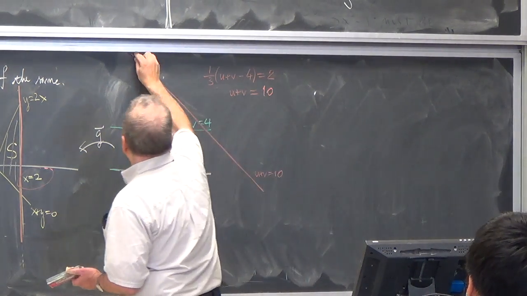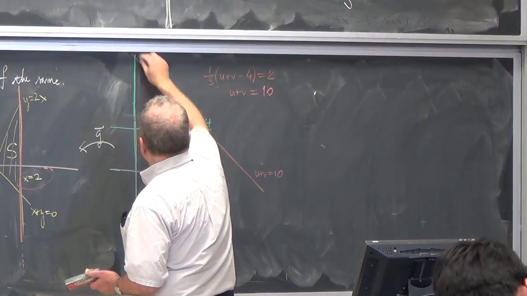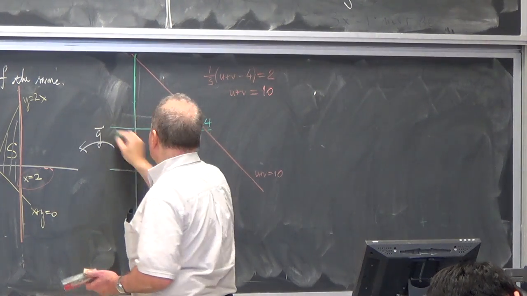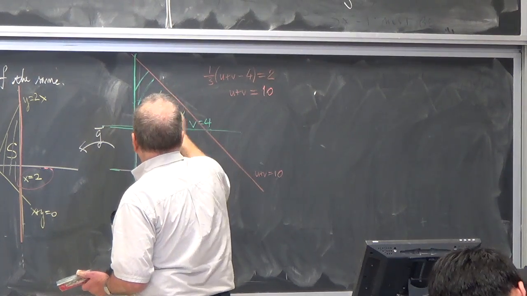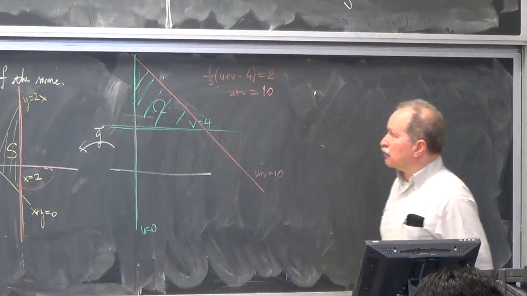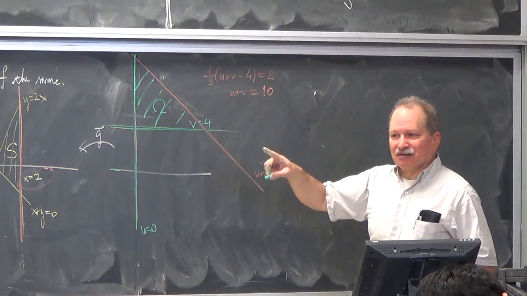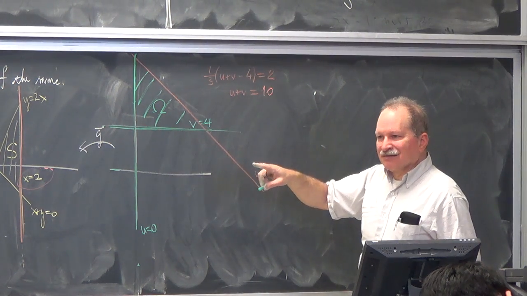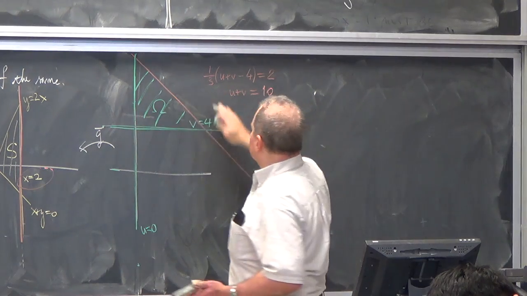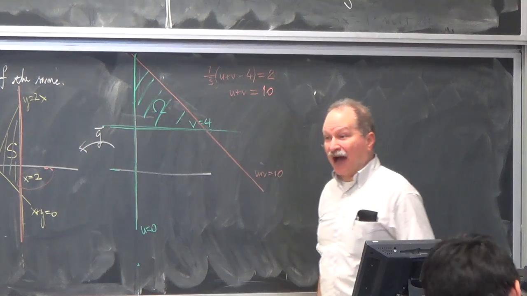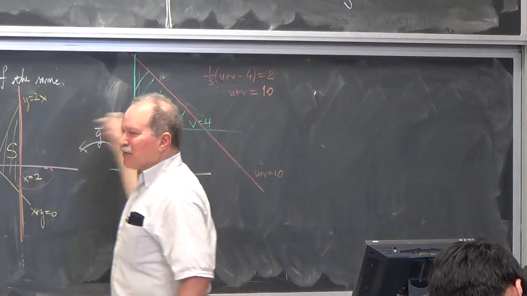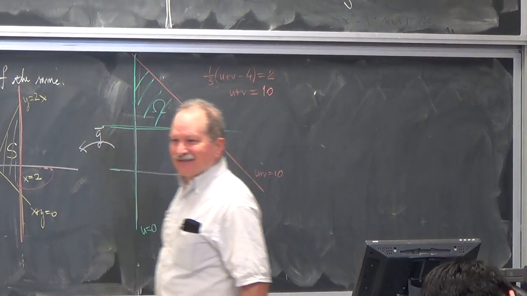It's got to have this as one boundary part, this is one boundary part, and this is one boundary part. That leaves only that option, if you're going to have a bounded region. I mean, you could try to rig something outside here, but that wouldn't be compact. And we ought to have a compact region mapping to a compact region here.